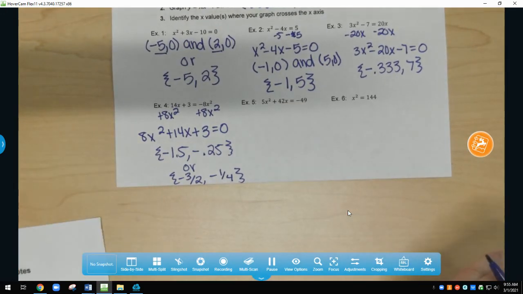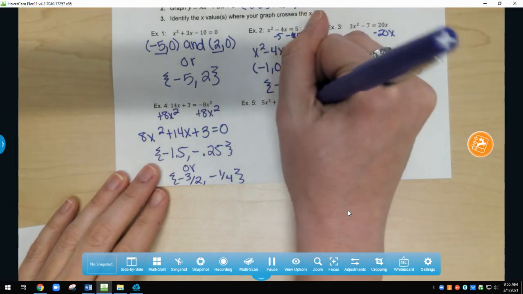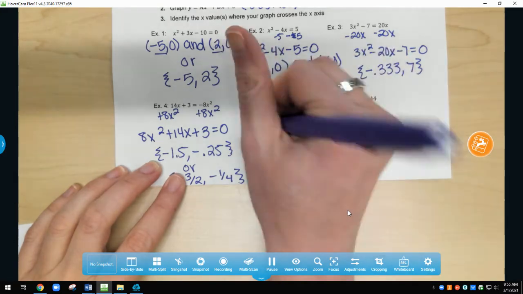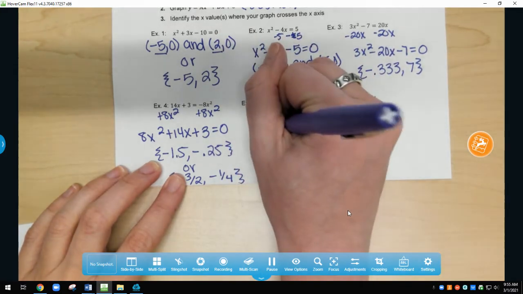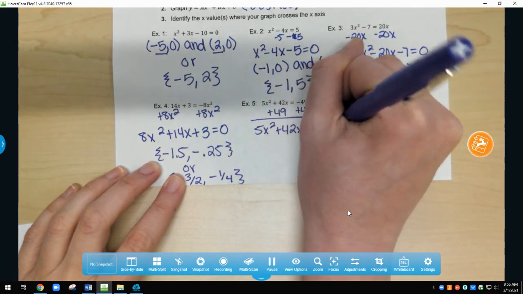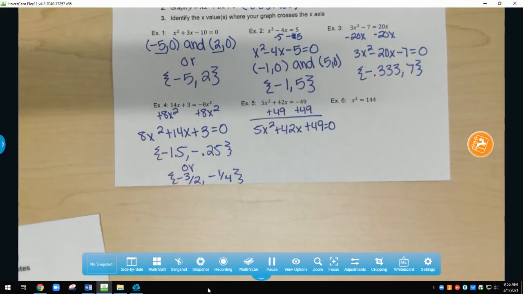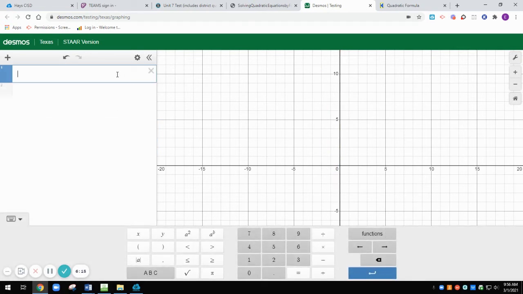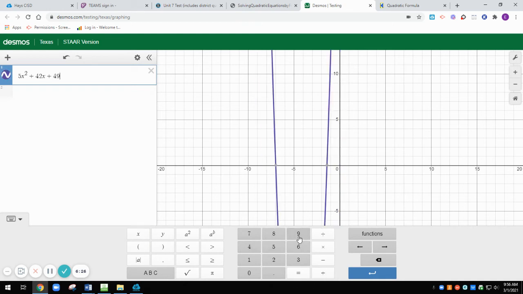Okay, so for example 5, we're going to subtract to get 5x squared plus 42x plus 49. I'm going to put that in Desmos. So 5x squared plus 42x plus 49.